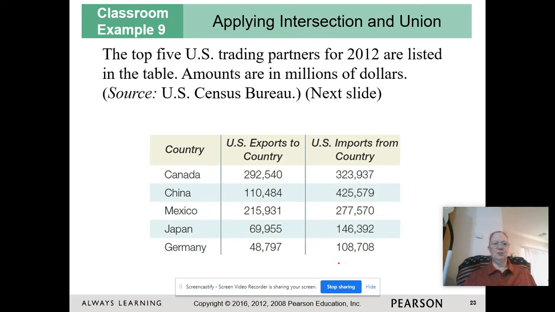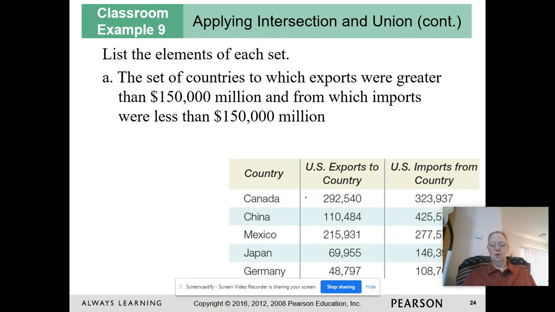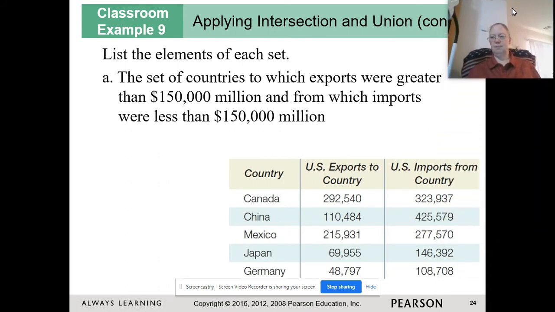All right, an application problem. The top 5 U.S. trading partners are listed in the table. Amounts are in millions of dollars.